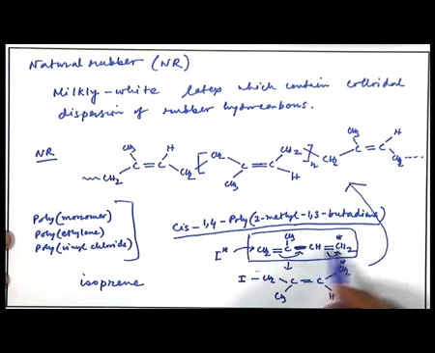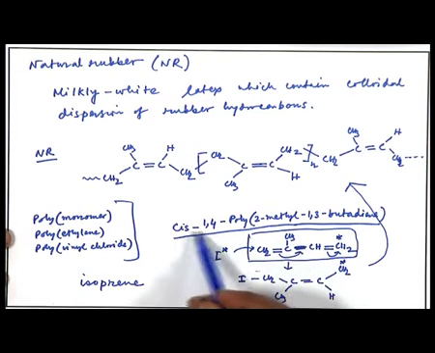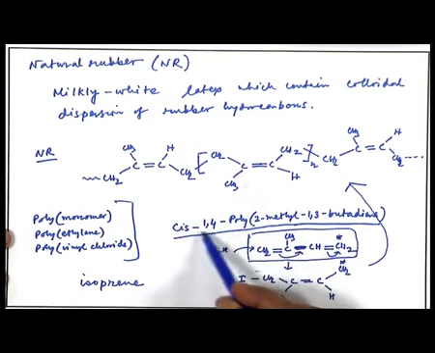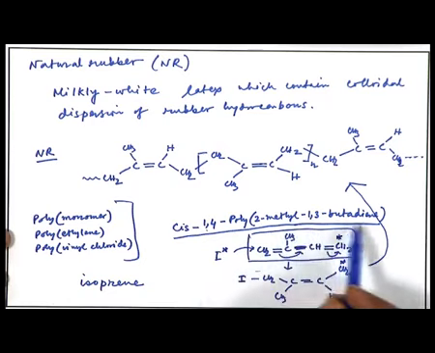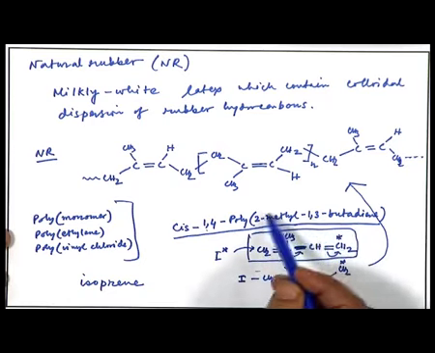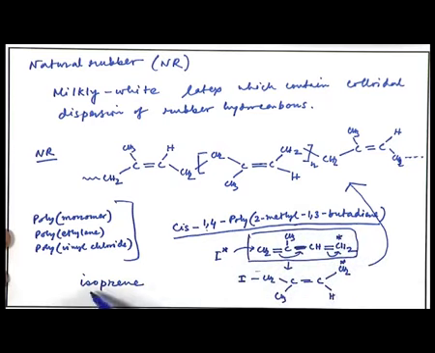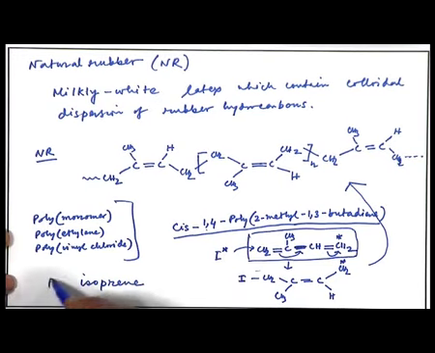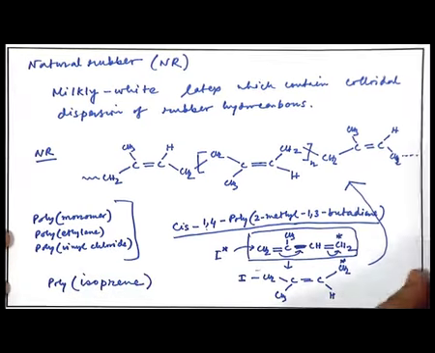That will be a 3,4 addition, and in this case it is a 1,4 addition. That is why, because it is cis configuration, we are writing cis 1,4 poly 2-methyl 1,3-butadiene, and 2-methyl 1,3-butadiene is sometimes written as polyisoprene. So, the natural polymer is also sometimes written as cis 1,4 polyisoprene.